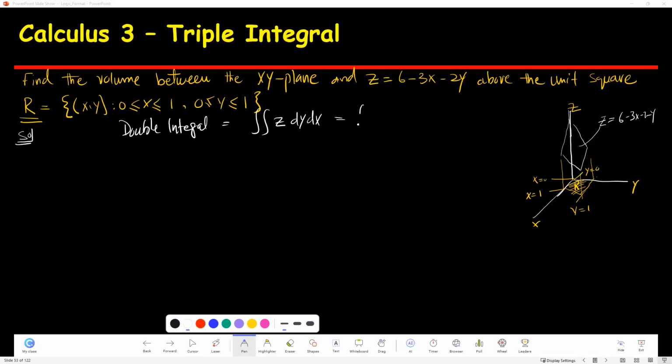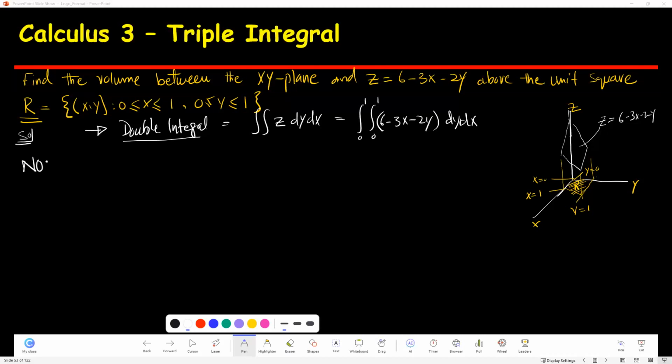So in a double integral: 0 to 1, 0 to 1, and then 6 minus 3x minus 2y dy dx.